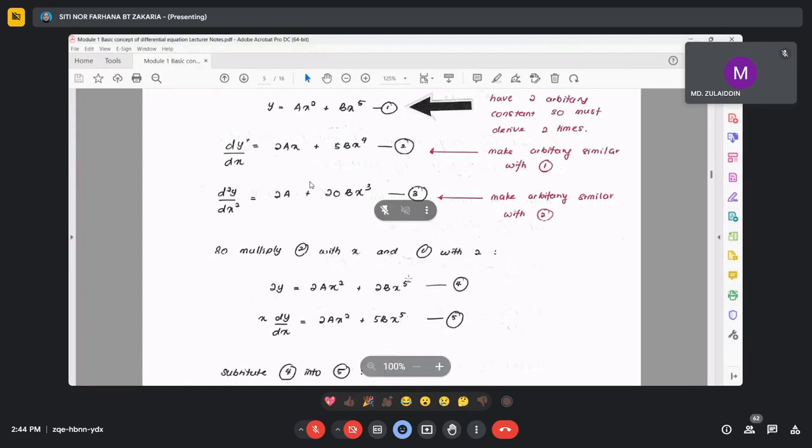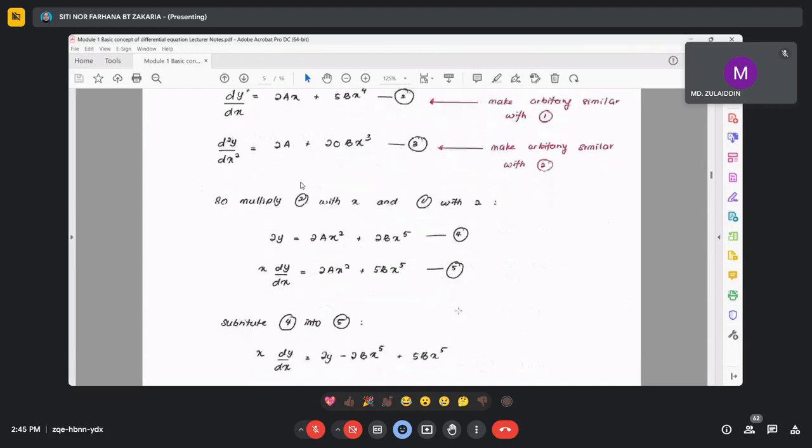For example, so this is the first equation. If you multiply the first equation and second equation with x, so equation 1 with 2, you akan dapat this one, 4 and 5.